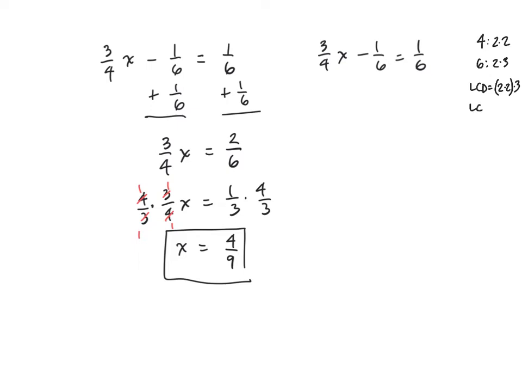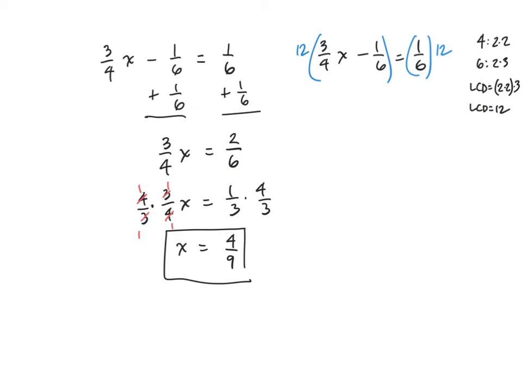So our LCD is 12, which most of us could tell just by looking at it. So what we'll do is multiply both sides of this equation by that 12. And you have to remember that I'm multiplying this 12 by this and by this. And don't forget to do the other side as well. So what happens?